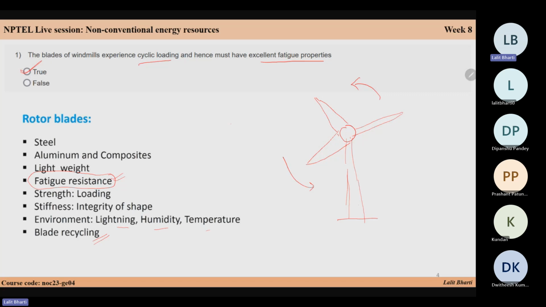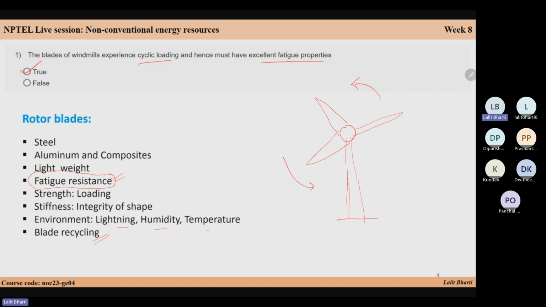Since the windmill blades face high winds and are continuously rotating, while facing the winds their corners and the material bend, so basically they get mechanical loading. They need to be excellent in fatigue properties, so that no cracks form, they do not bend permanently, and they are not damaged.